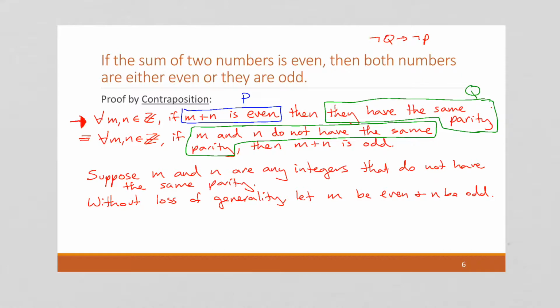What do we want to show? Well, we want to show the second part, that m plus n is odd. So that's our goal.